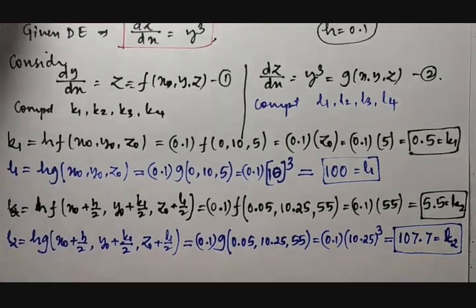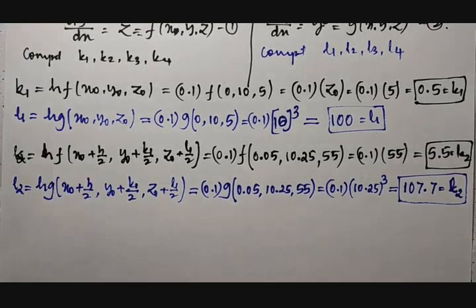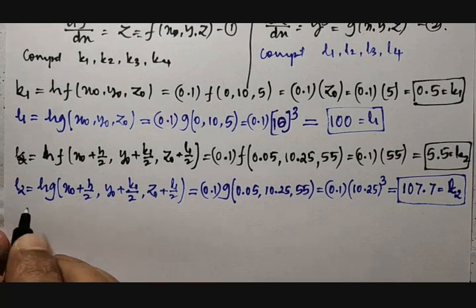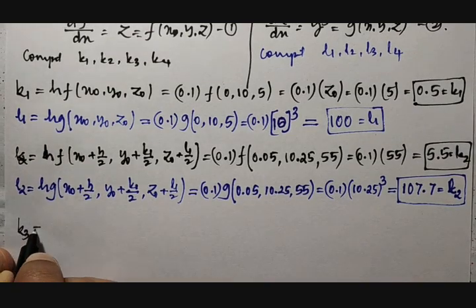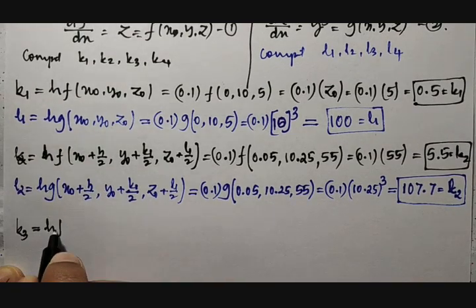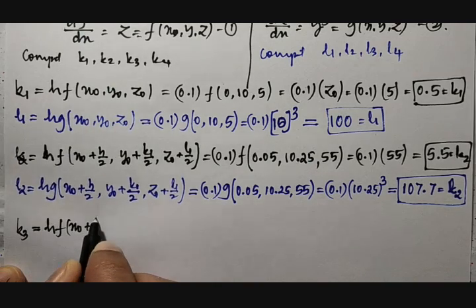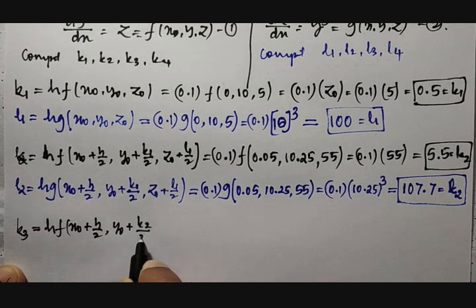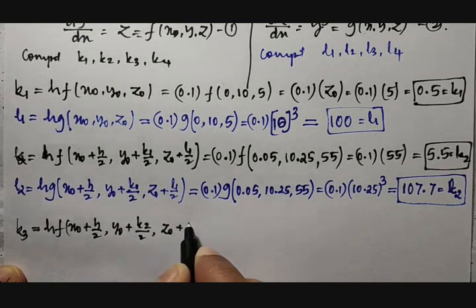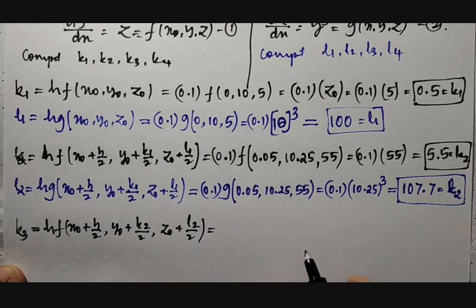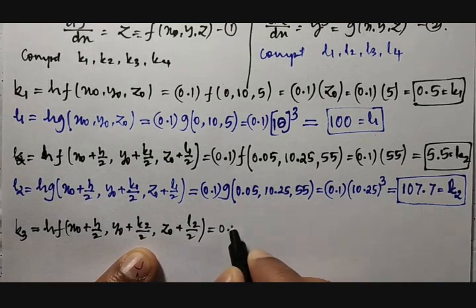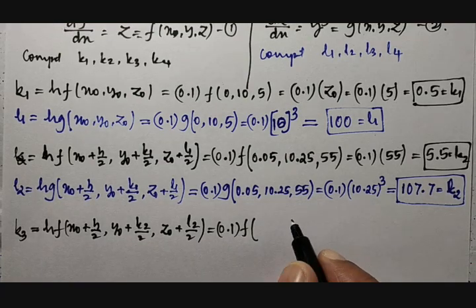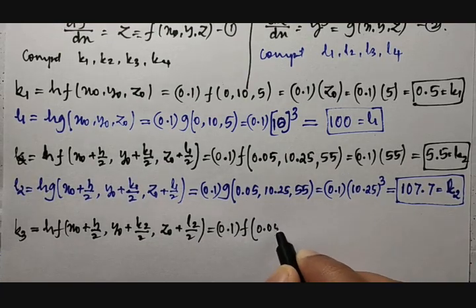Okay. Then K3. H into f of x naught plus h by 2, y naught plus k2 by 2, z naught plus L2 by 2. Therefore it is 0.1 into f of x naught plus h by 2 is 0.05.